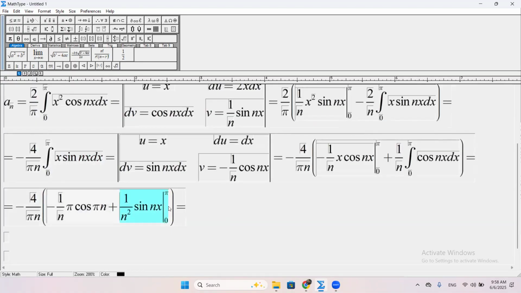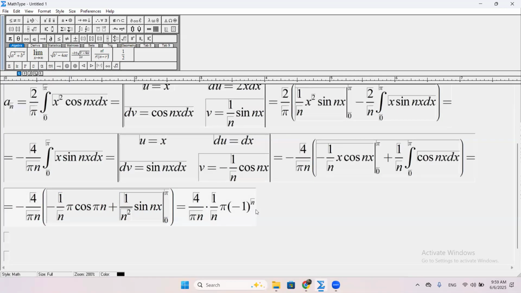So this part is 0. And now let's calculate what is non-zero. Multiplying this part, the cosine of pn will be replaced with minus 1 in power of n.